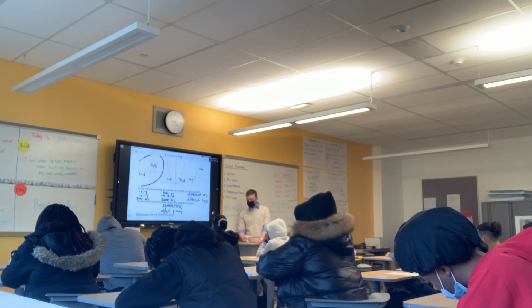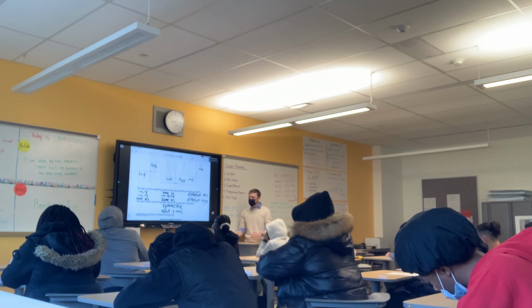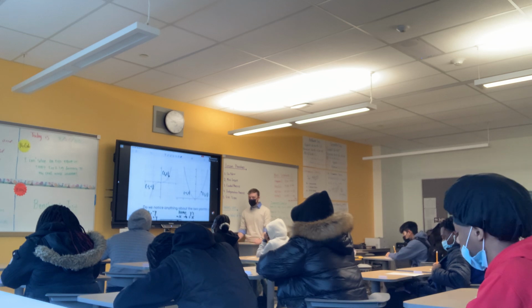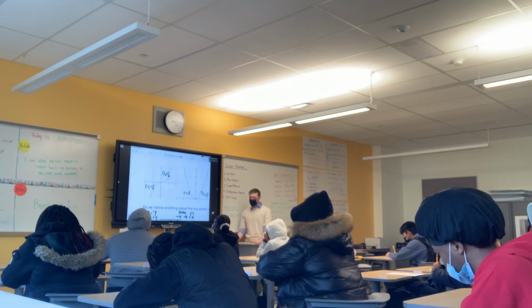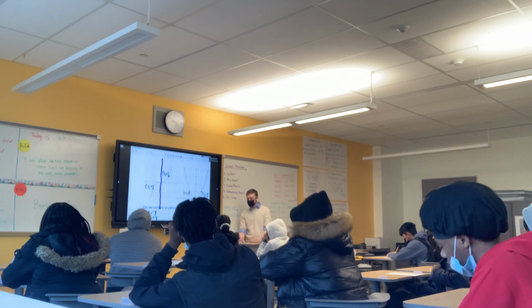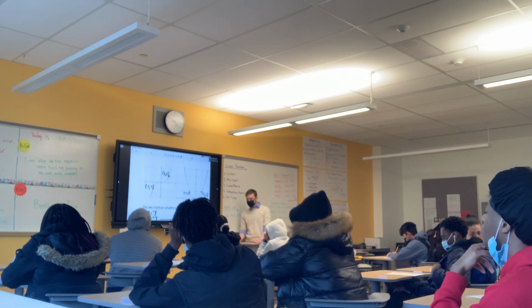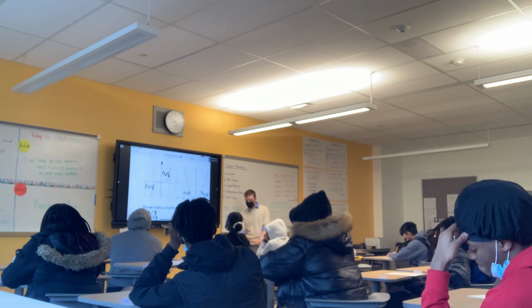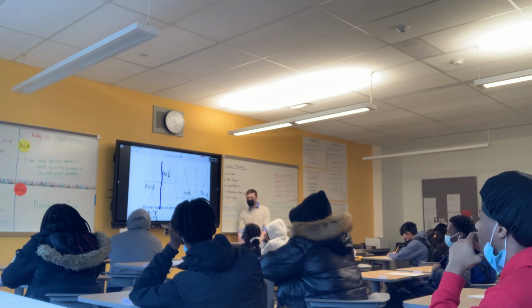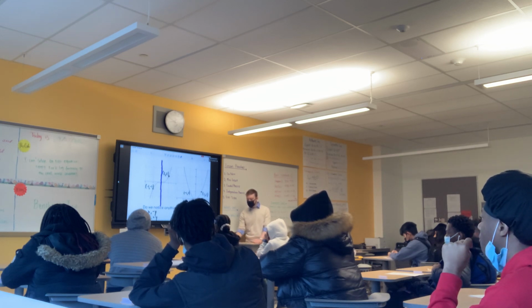Now for this left one, if we're still talking about symmetry, do we see any pattern going on with that left graph? It's symmetric, but not about this line. The left side doesn't look the same as the right side. It's flipped, kind of rotated.